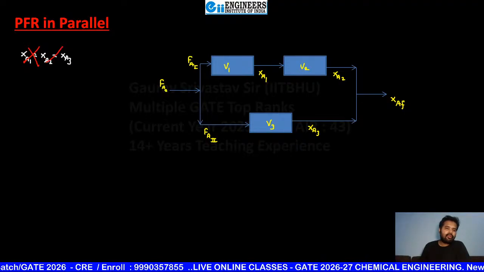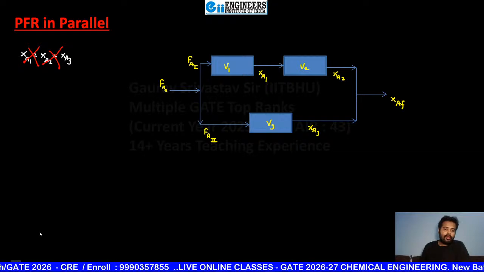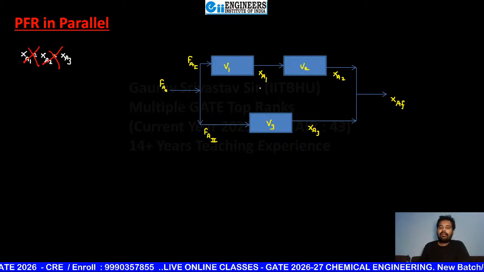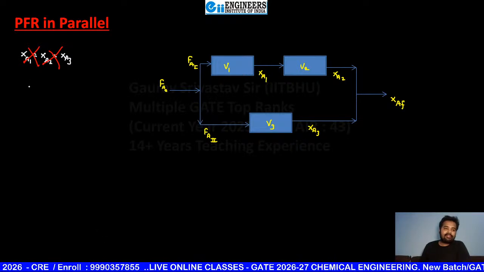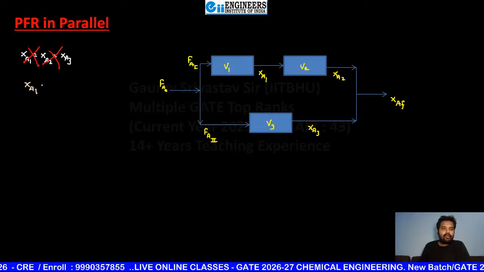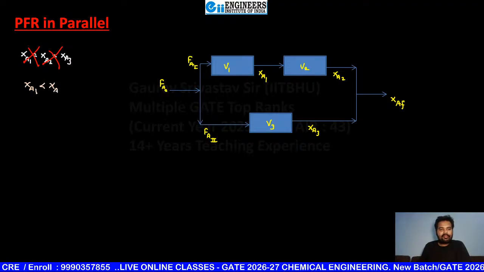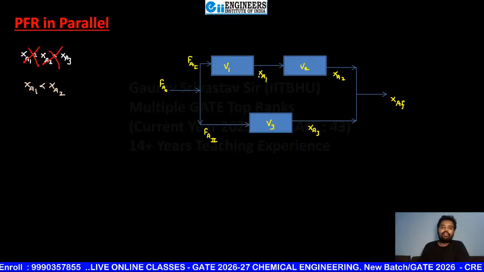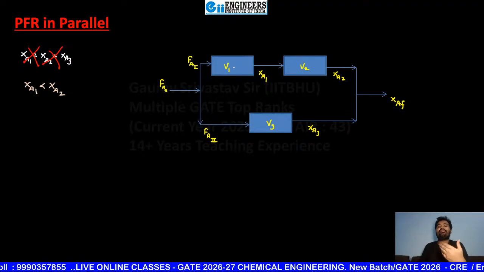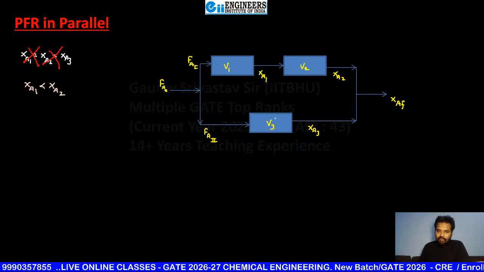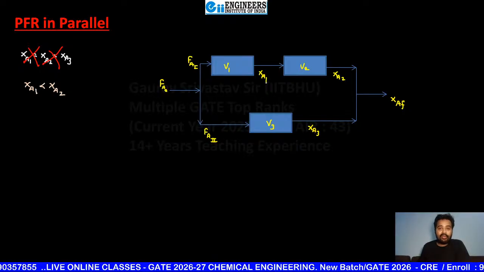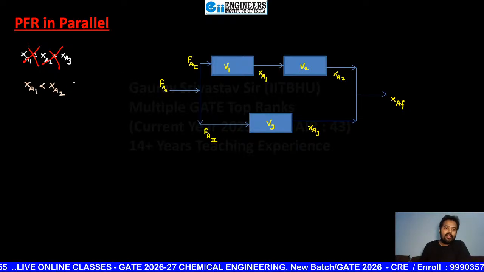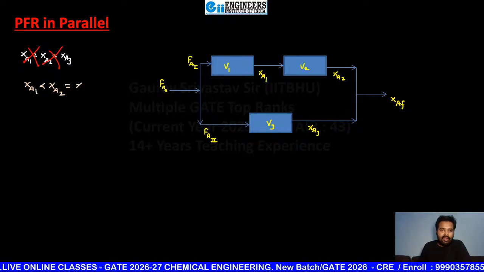No, no. Because clearly XA1 is going to increase, so XA1 must be less than XA2. This is only possible when V1 gives you 100% conversion, or V3 gives you 100% conversion. Then 100 can't exceed 100, so here also 100, and this becomes equal to XA3.